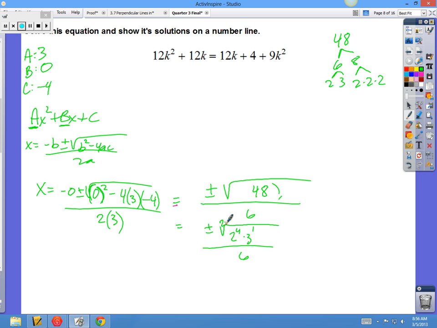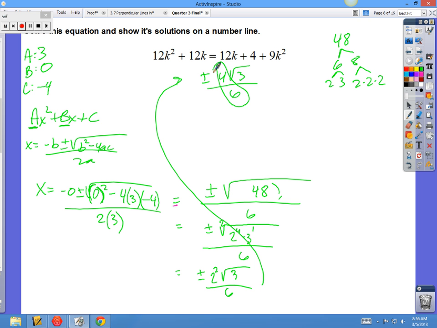You have to pull them out 2 at a time. So I can pull out plus or minus 2 squared. On the inside there's still a 3. On the bottom you got a 6. So let me come up here, we have plus or minus 4 times the square root of 3 over 6.